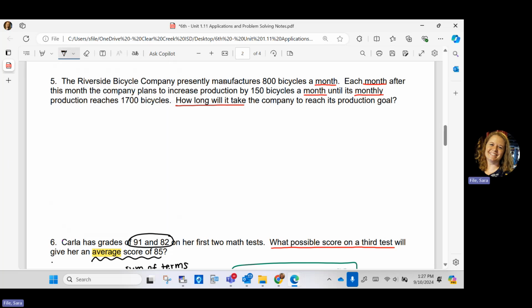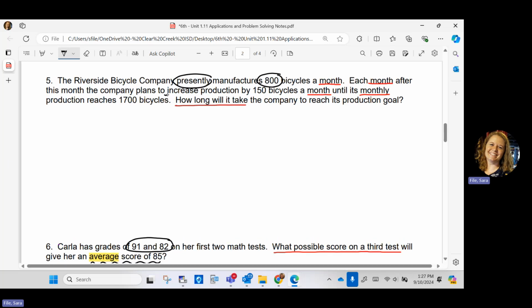Presently, there's 800 per month. And they're going to increase by 150 a month. What did we say yesterday in that little table we made with the terms and which meant add, subtract, multiply, divide? What did increase mean to do?